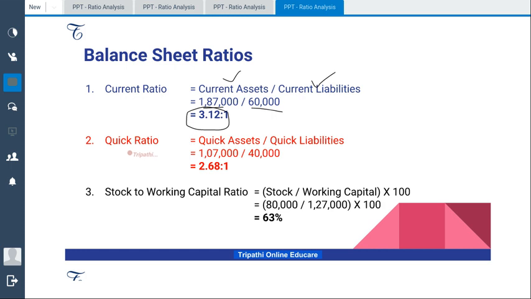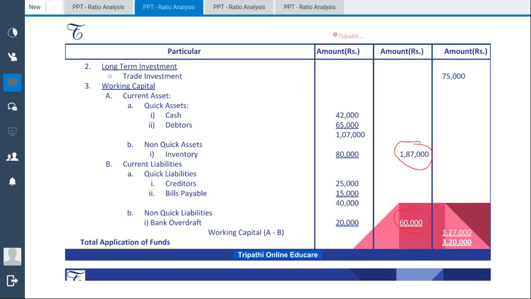Next, quick ratio. The formula is quick asset upon quick liabilities. So let us go back to the solution, vertical balance sheet. We are looking for quick asset. So in this case, you can see 1,07,000 is quick asset and 40,000 is quick liability. The formula is quick asset upon quick liability.